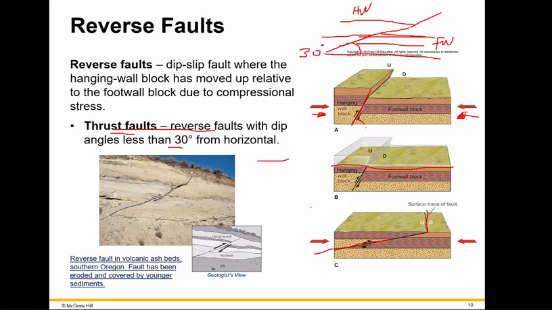So we've talked about normal faults and we've talked about thrust faults. Now you understand what the hanging wall and the footwall are, and how they relate to these two types of faults. Yes or no? Yes, sir. Good. We're on the same page, right? So I need to move ahead.